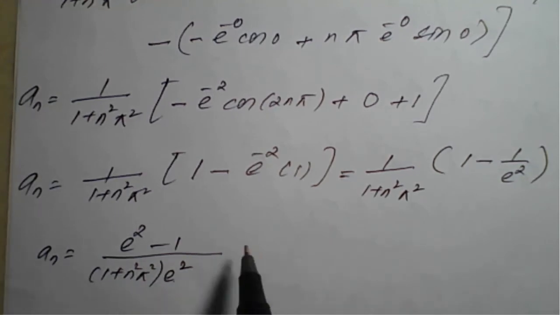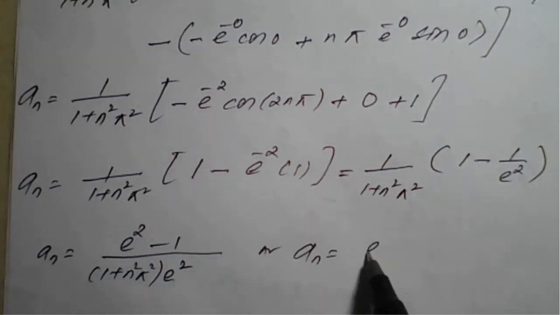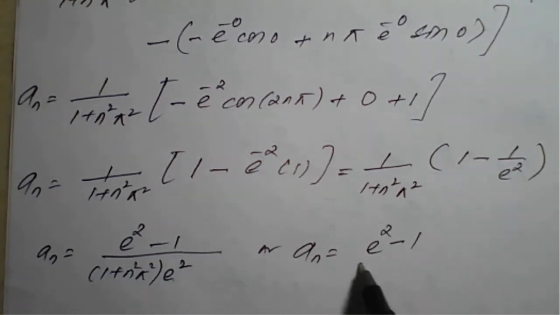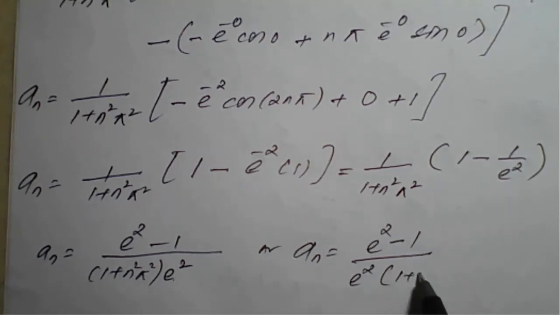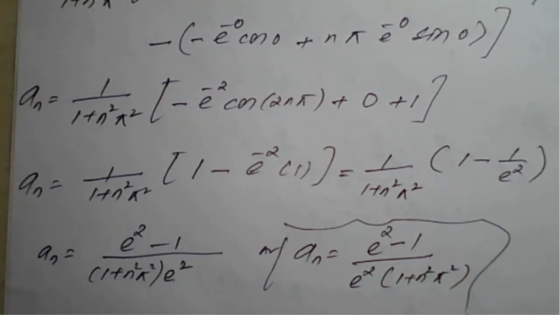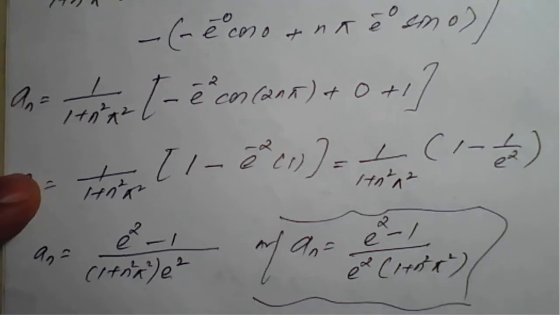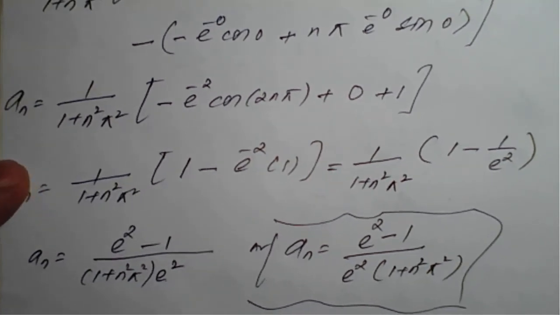So this is the required result, an is equal to e square minus 1 divided by e square into 1 plus n square pi square. This is the value of an, which we are going to apply in the Fourier series.